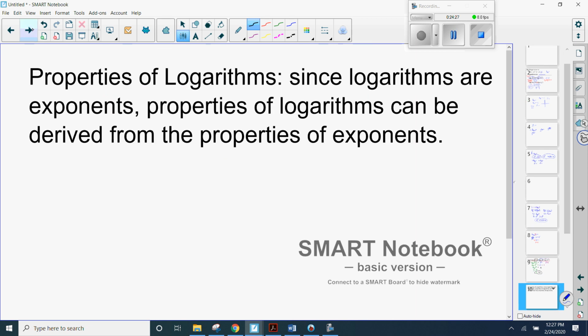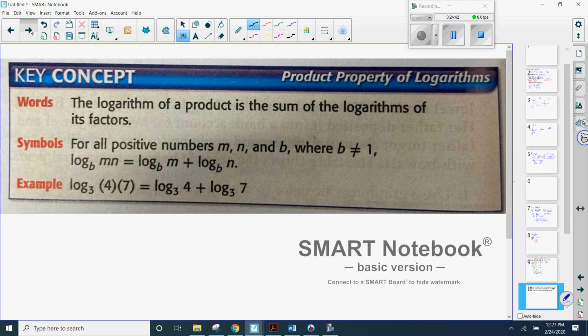So here's what we can talk about as far as properties of logarithms. Logarithms, as we mentioned in the bell ringer, are just exponents. So the properties of logarithms can be the same as properties for exponents. So here's what we have.